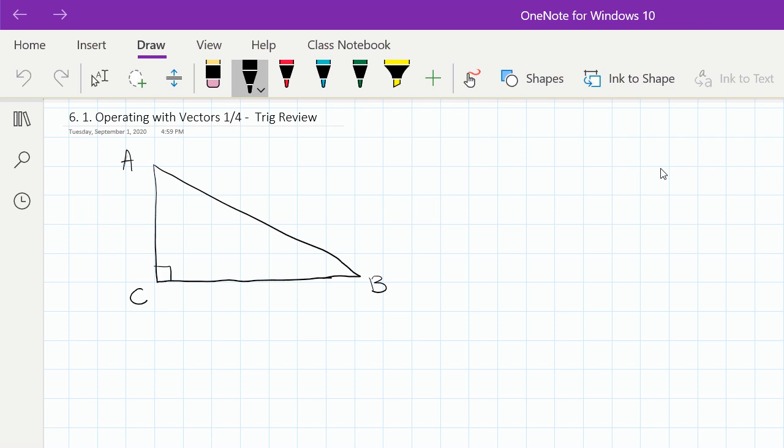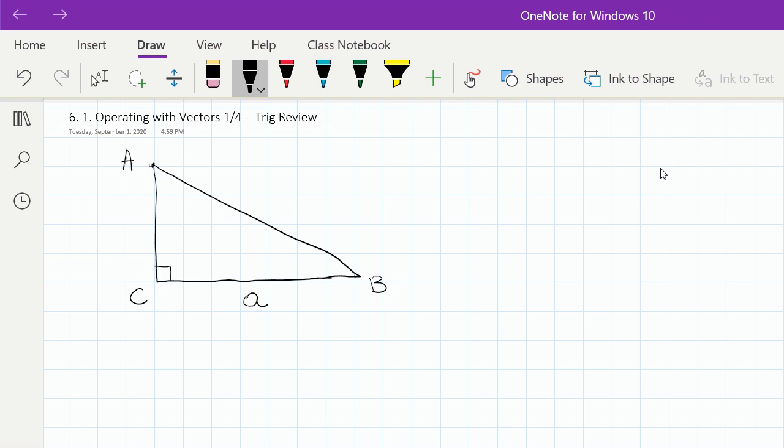And the letters will be the opposite of the angle. So if we have the angle A, or vertex A, then the opposite of that angle is the length of the line segment BC. And then we assign it a lowercase a.